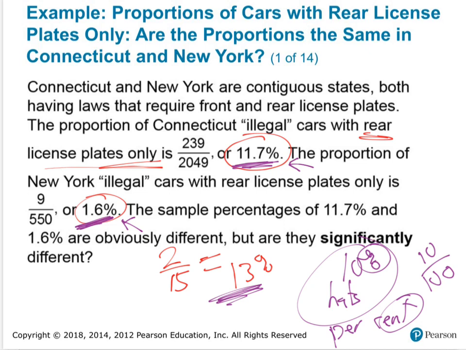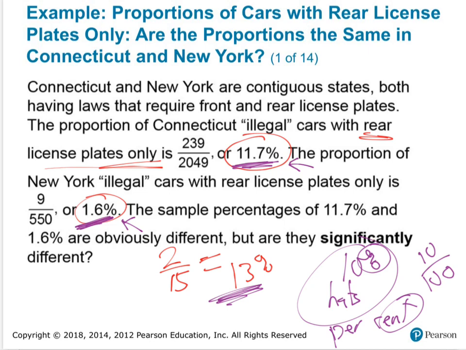Those are certainly different. But could that just be luck? Remember, that's always what we're doing in stats, huh? We're saying, yeah, they're different, but could that have just been luck of the draw? You know, we got 239 out of 2049, 9 out of 550 came out different. But could that have just been luck of the draw?